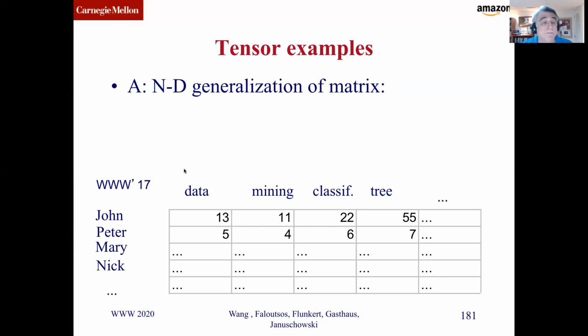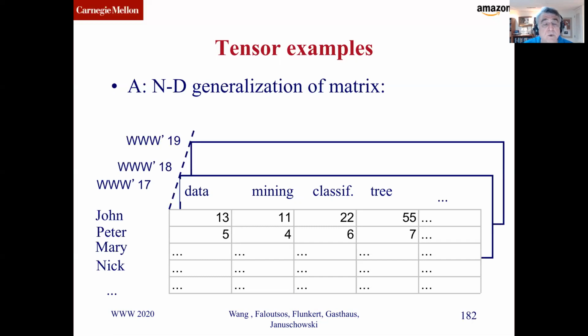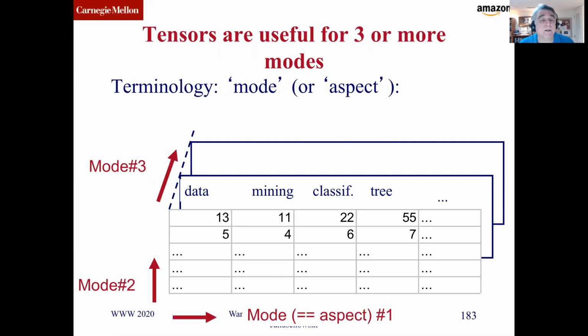And that was WWW17. For WWW18, we do the same thing, and zero-pad: if somebody didn't publish or didn't use the word data, we fill it with a 0. And the same for 19. So now instead of having a matrix, we have a stack of matrices. And this is exactly called the tensor.